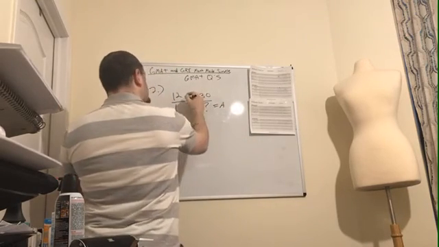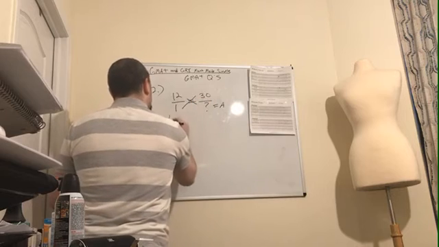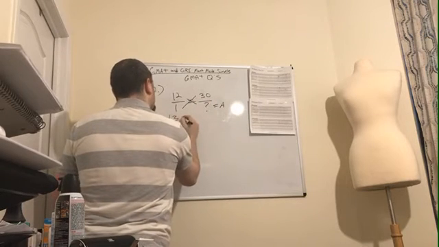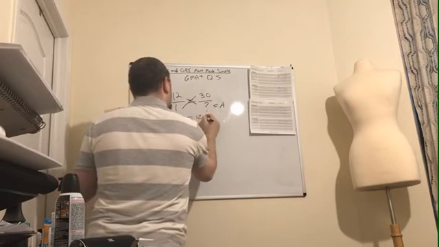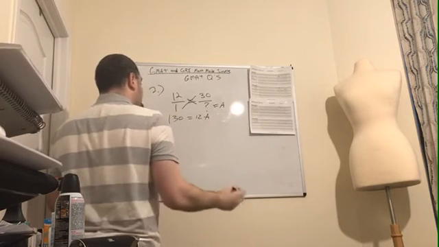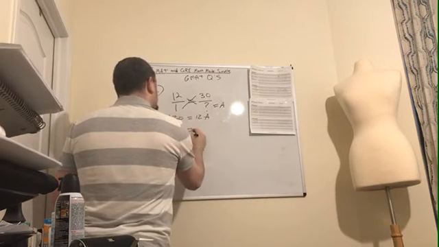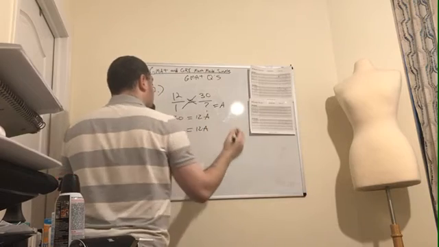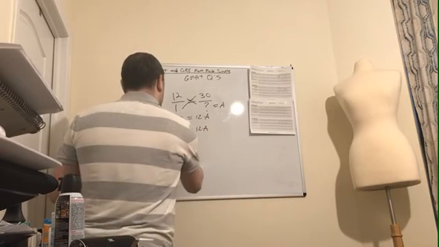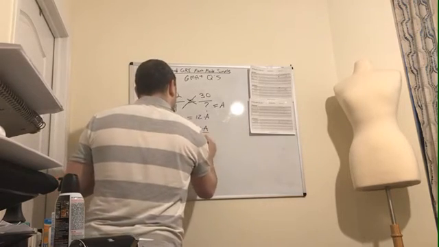Let's cross multiply like we did last time. We have 1 times 30 equals 12 times A, so 30 equals 12 times A. To get A by itself, we divide by 12.